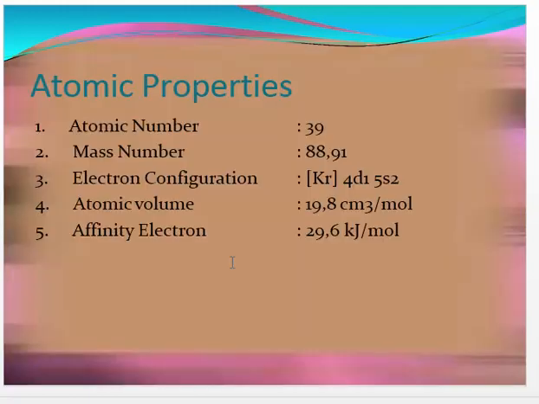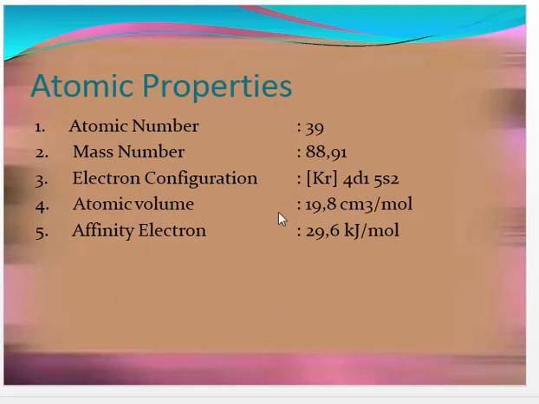About atomic properties: atomic number of yttrium is 39, mass number 88.99, which is close to 89, electron configuration 4d1 5s2, atomic volume, electron affinity.